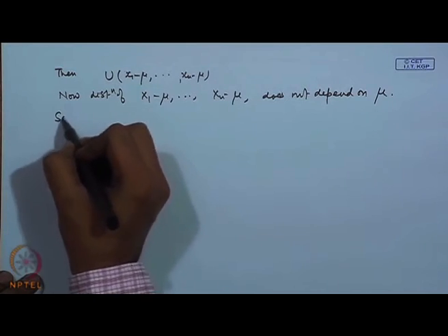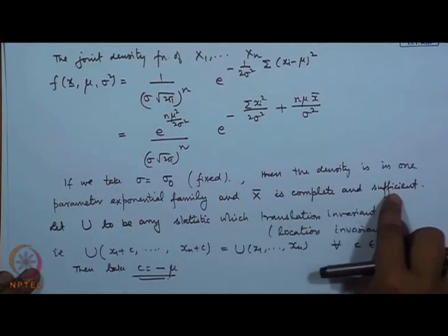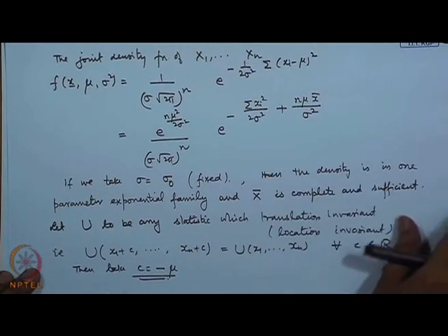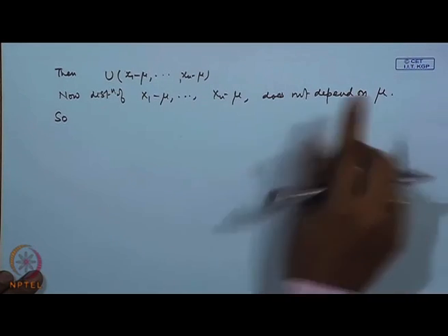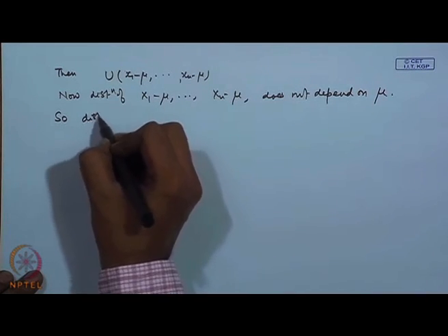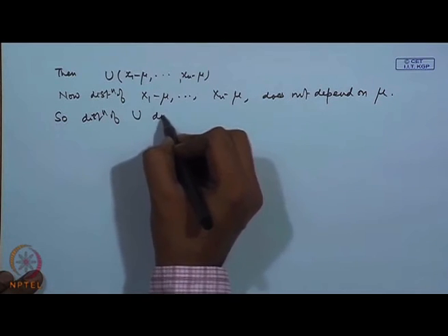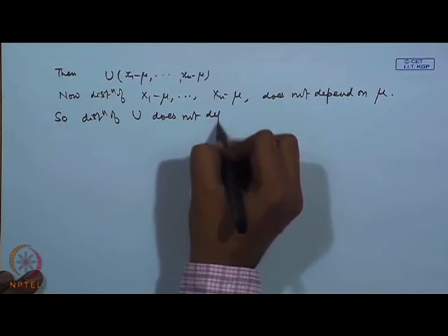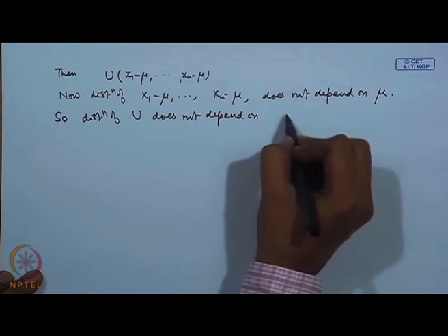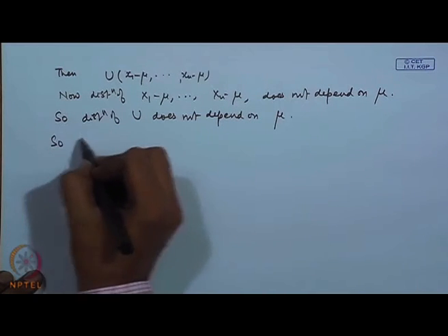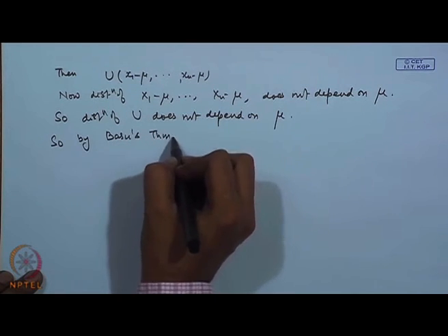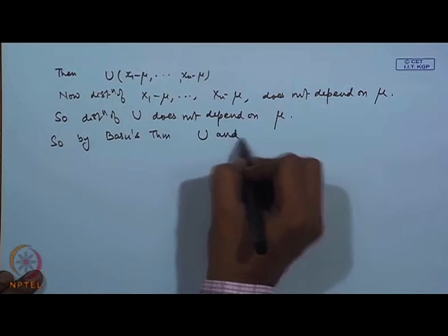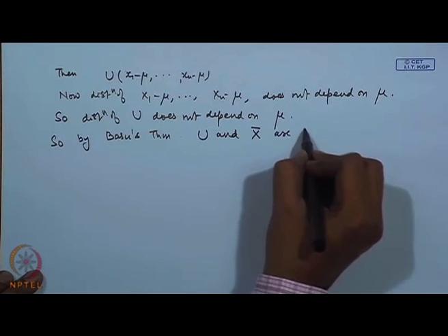So, what we are having? X bar is complete and sufficient, the parameter is mu here, and u is a function whose distribution does not depend on mu. So, by Basu's theorem, u and x bar are independent.